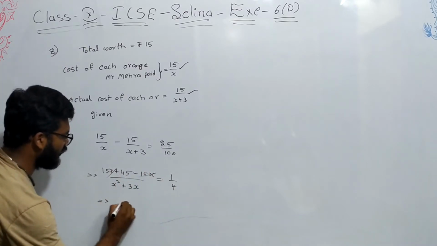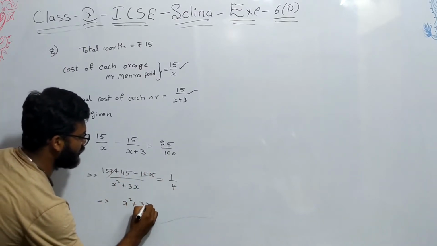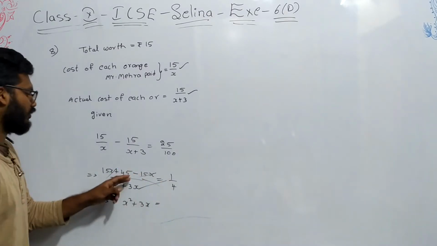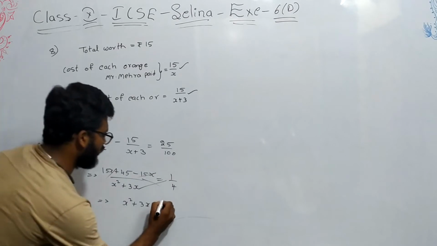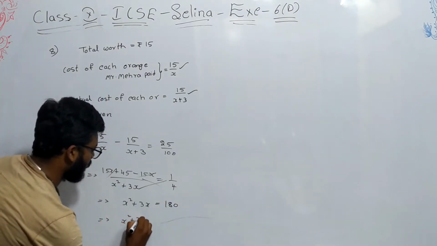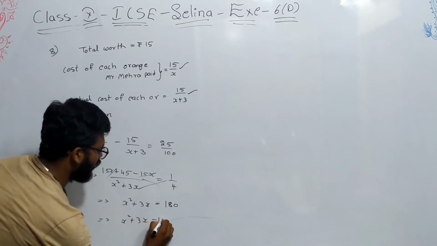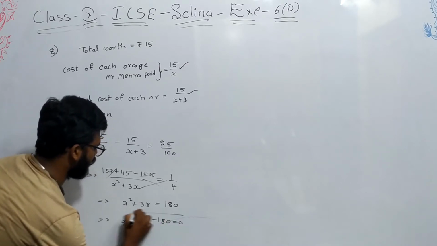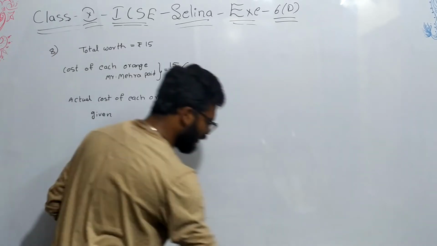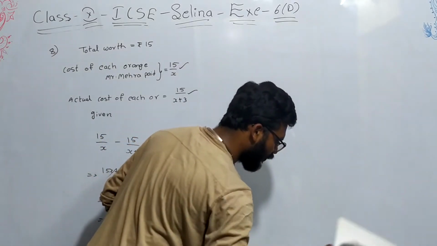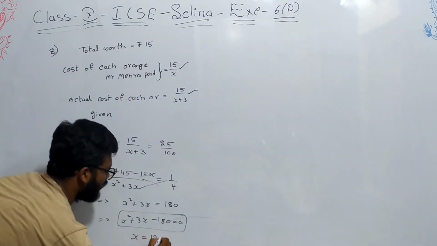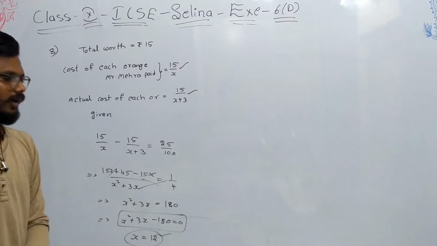That implies x square plus 3x, cross multiplying, 4 equals 45 into 4. 4 fives are 20, 4 fours are 16, so it is 180. So x square plus 3x minus 180 is equal to 0. We have to solve this. If you solve this, you will get the answer as 12. Therefore, the number of oranges Mehra received is 12.